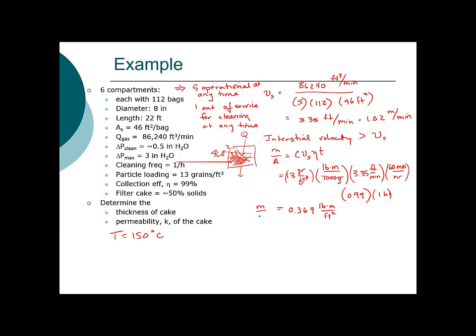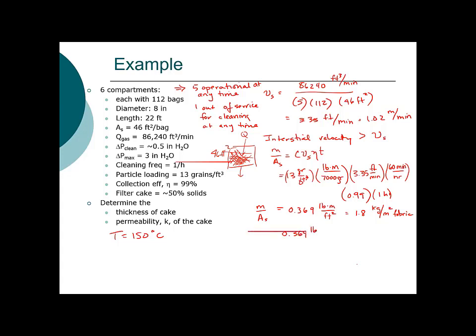So mass over that surface area is equal to 0.369 pounds mass per square foot, or 1.8 kilogram per meter squared. And that's meter squared, just to remind you, that's meter squared of fabric. What we're looking for is the thickness.